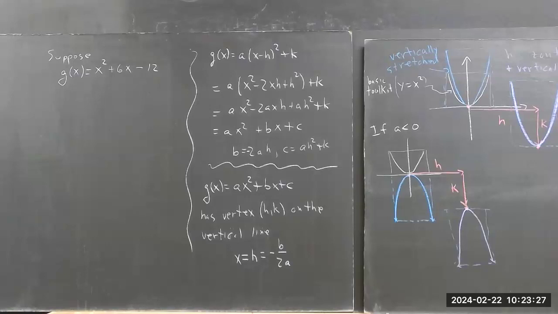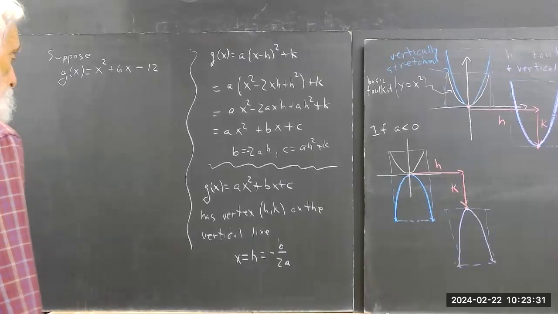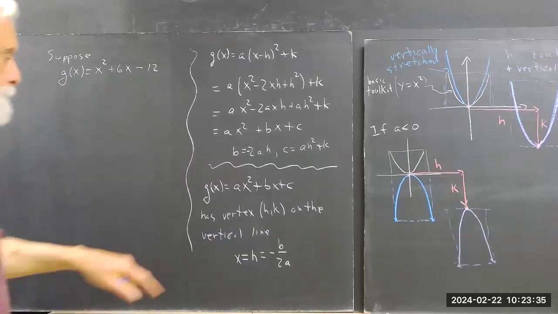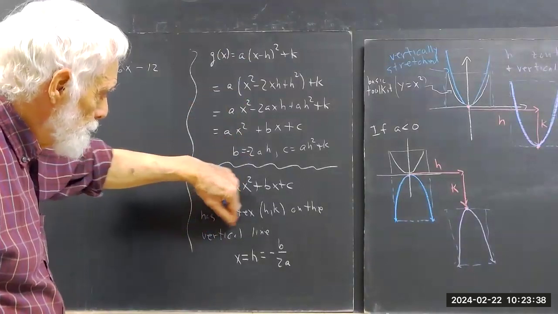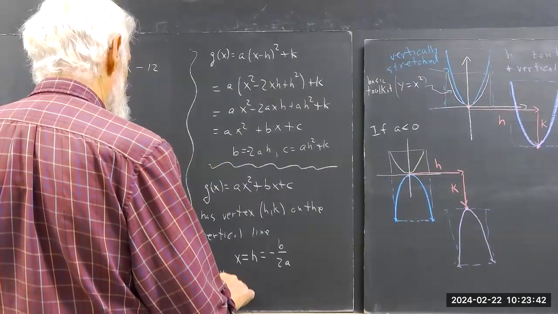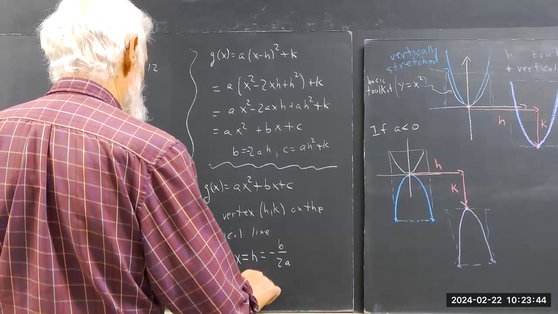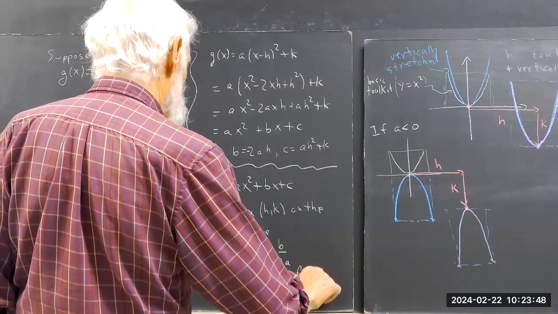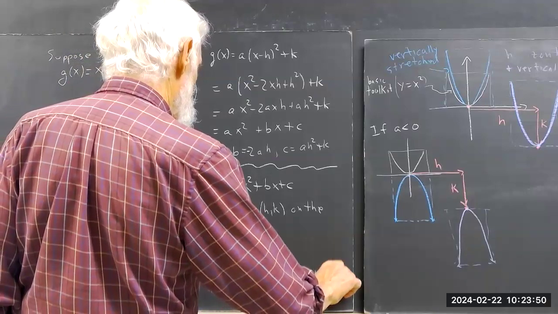Okay, let me back up one second. This vertical line is called the axis of symmetry.